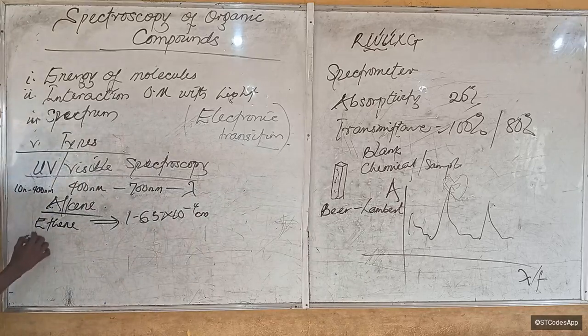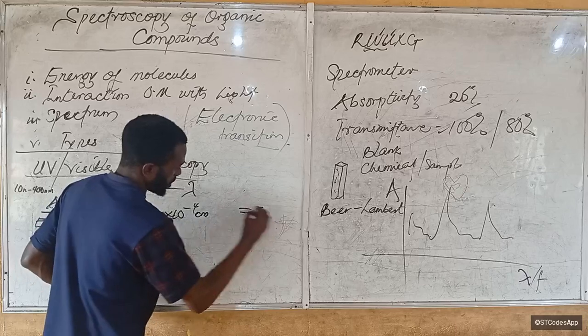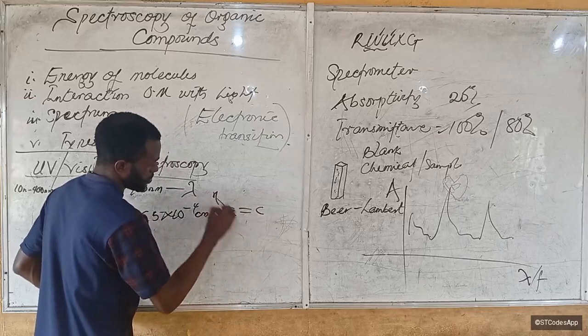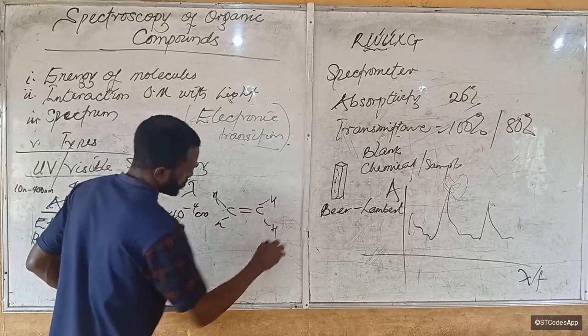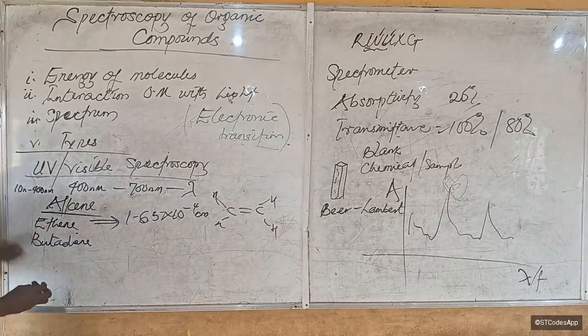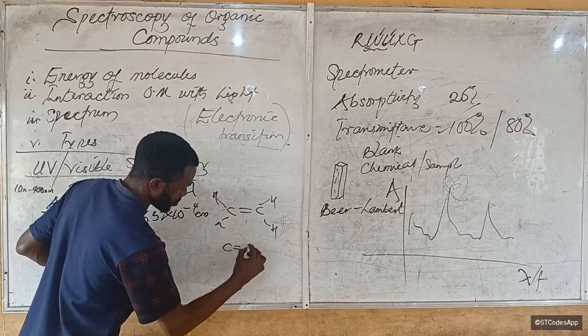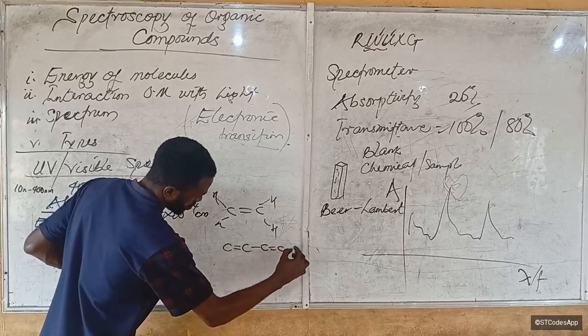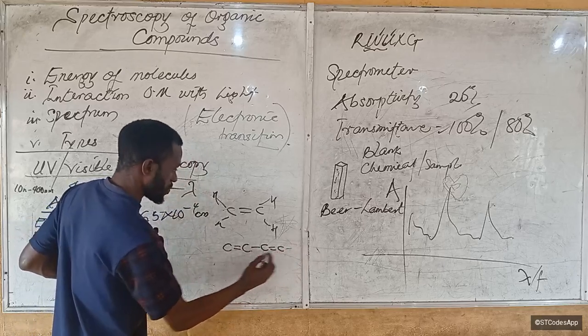But you now see butadiene. You know, ethene has a double bond like this, yeah? But look at butadiene, it has 1, 2, so this is 1, 2, 3, 4.